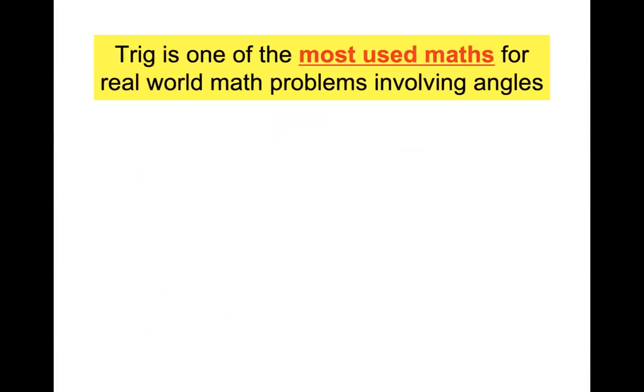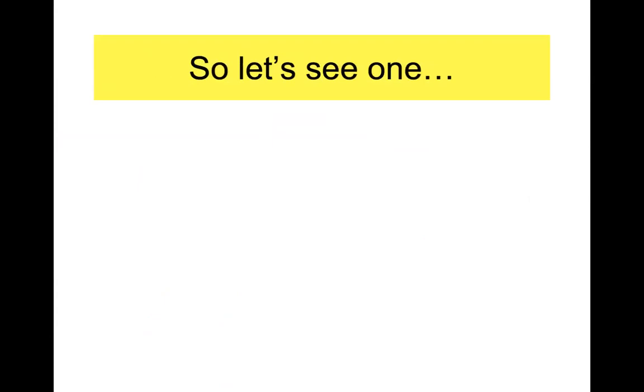Let's see some real examples, word problems, of how trig is used. So when you're measuring things or you're making things, trig is a really powerful tool for solving for unknown sides and unknown angles. So here is one of many examples.